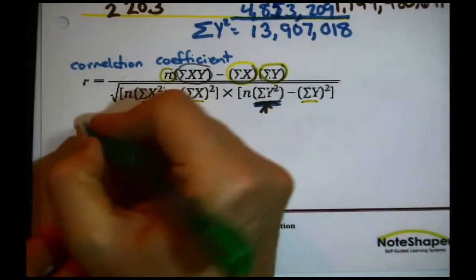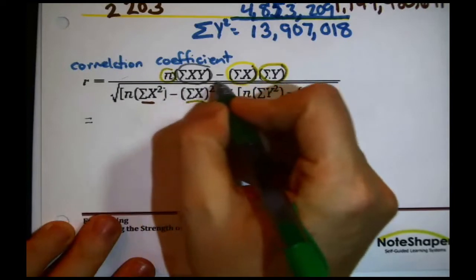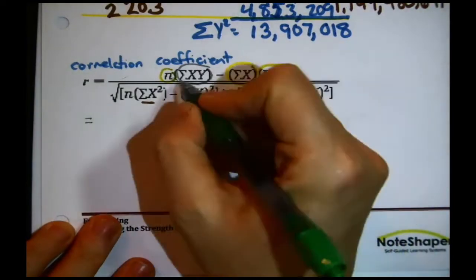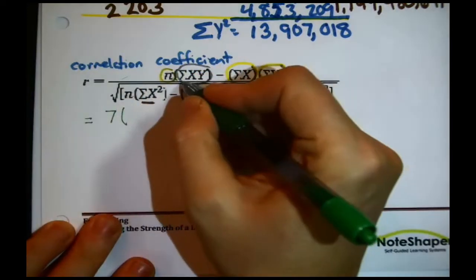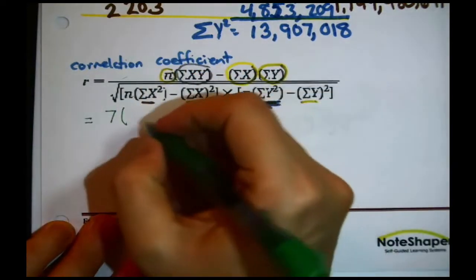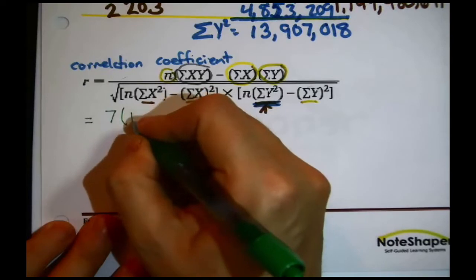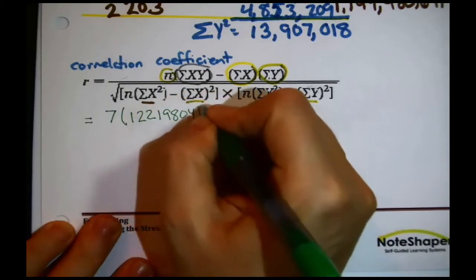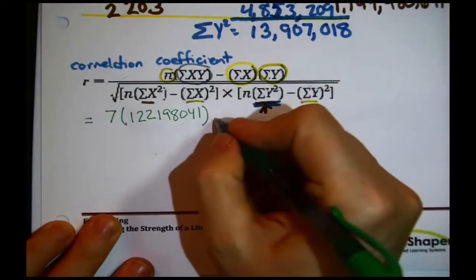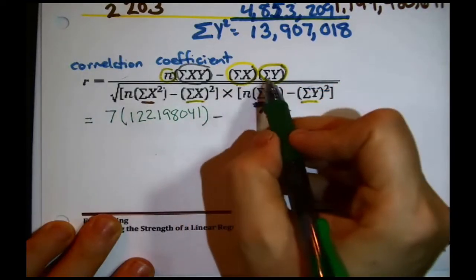Okay. First, just the numerator. I'm working on piecing together the numerator. N is 7. 7 times, okay, this is the sum of x times y. Remember that that was 122198041. Remember, it's all about staying organized. Minus the sum of x times the sum of y.